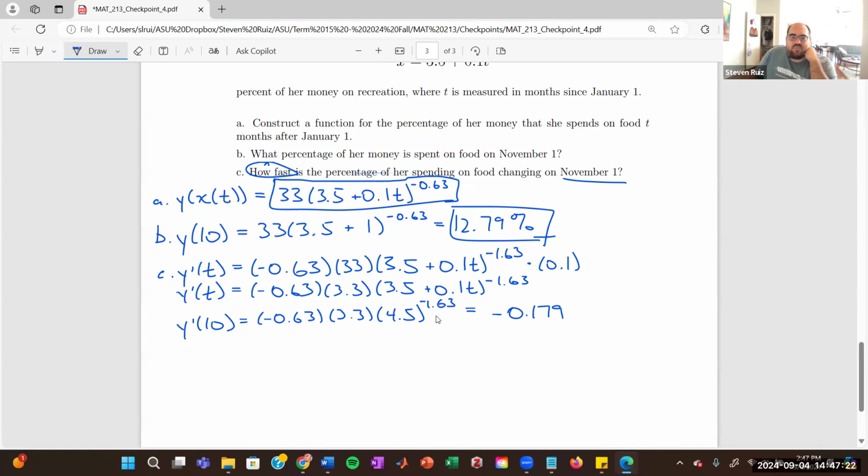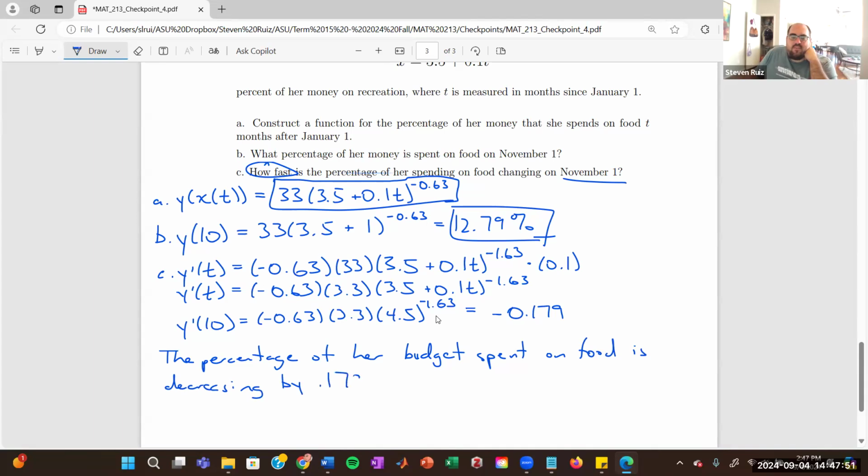So let's just write a complete sentence here. The percentage of her budget spent on food is decreasing by 0.179 percentage points per month on November 1st.